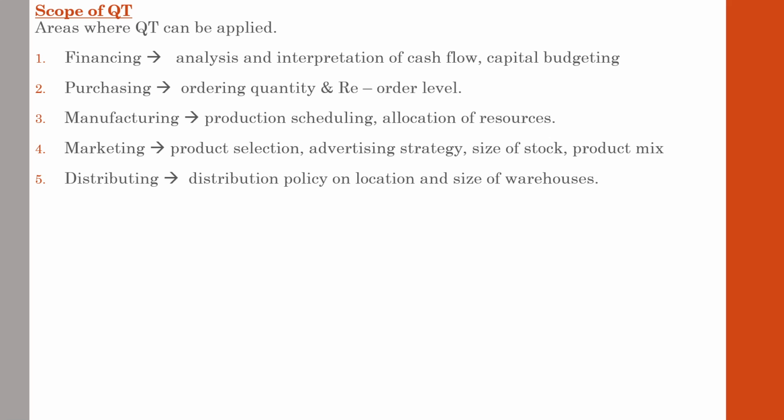It's up to the business to select the best distribution policy depending upon the location of customers and where to set the warehouse and its size, because a warehouse is a place where our final goods are stored, and the location of the warehouse is of great importance, because improper planning of warehouses may lead to ultimate loss.